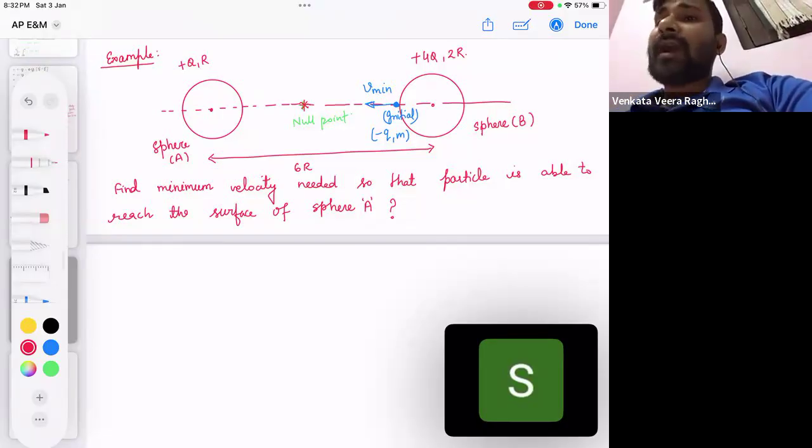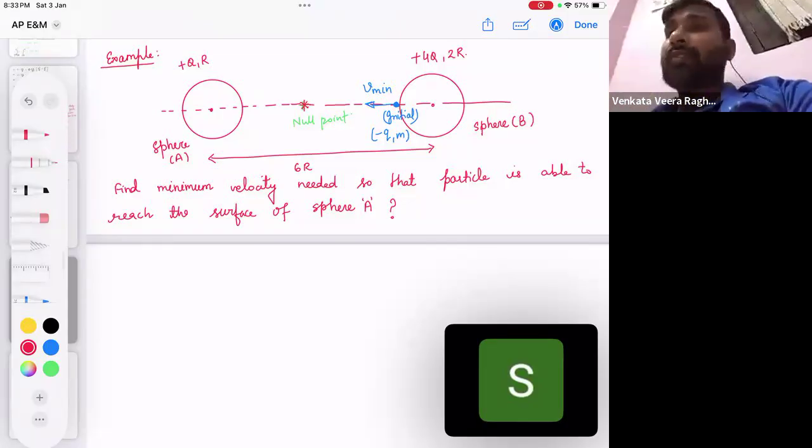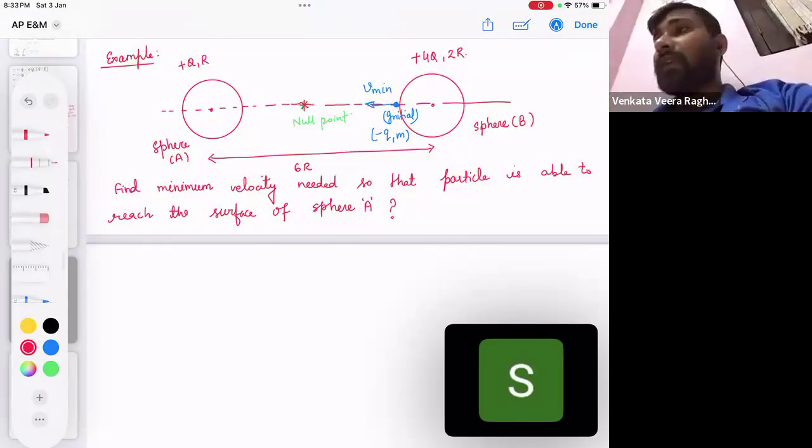See that I have marked a point called null point. So if somehow I manage to send the particle to the null point, what will happen? After that point, it will be automatically attracted towards sphere A. So we need to only provide enough velocity to reach the null point. So that's why, to solve this question, two important things are needed.